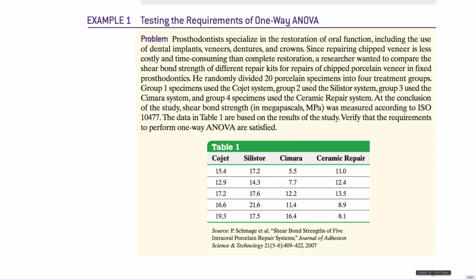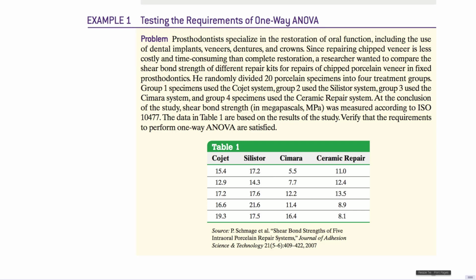He randomly divided 20 porcelain specimens into 4 treatment groups. Group 1 specimens used Cojet, Group 2 used Silastor, Group 3 used Samara, and Group 4 used ceramic repair. At the conclusion of the study, shear bond strength in megapascals or MPAs was measured according to a particular standard, and the data was recorded in Table 1.